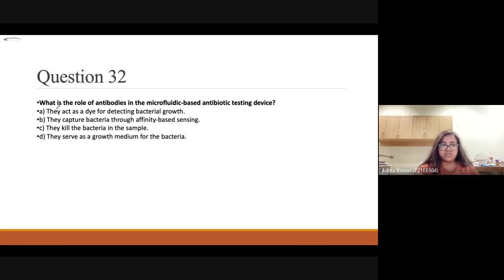And the fourth option is they serve as a growth medium for the bacteria. So the right option is they capture the bacteria through affinity-based sensing.